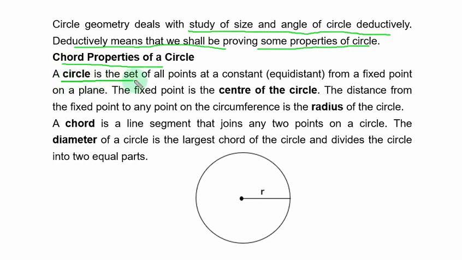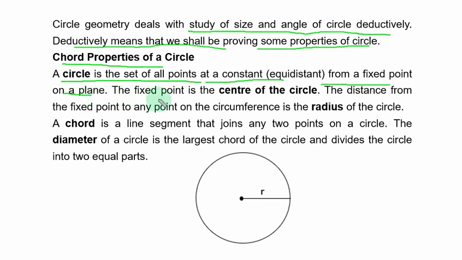Now, a circle is the set of all points at a constant, that is, equidistant from a fixed point on a plane. When you have a fixed point and you have other points moving from that fixed point to the circumference, what you have is a circle.